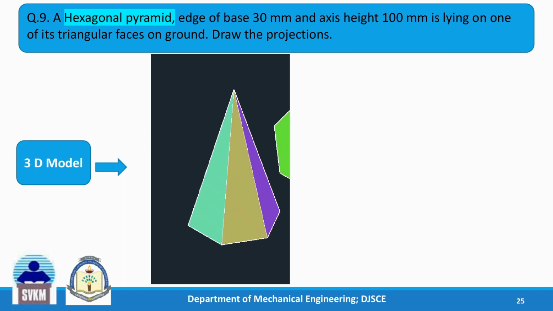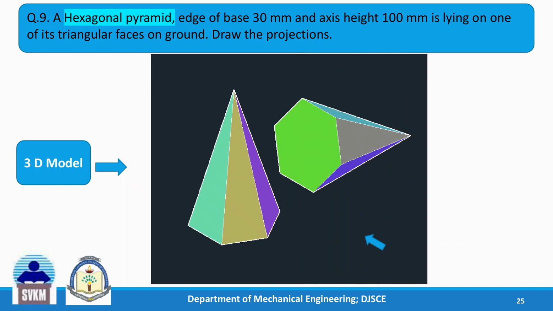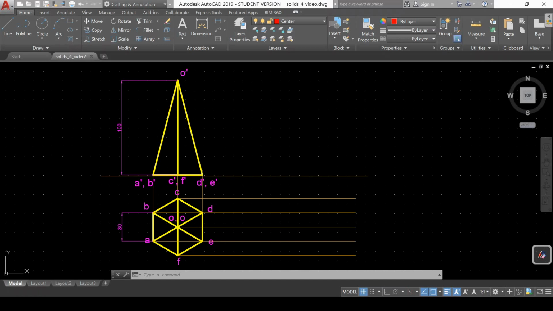Second step, we are going to tilt it on this edge, so the triangular face will lie on HP. The triangular face here will lie on HP. So let us solve this on AutoCAD. So this is the first step. We will continue with this and draw this second step.